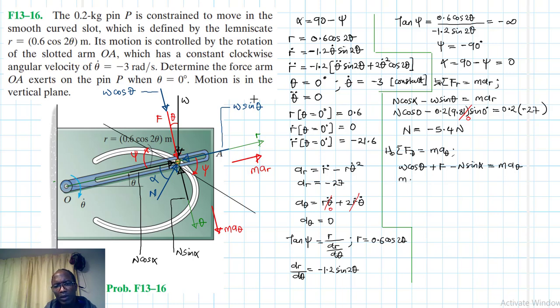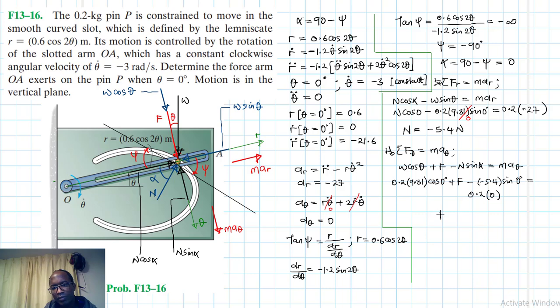So this is just our mg, 0.2 times 9.81 cos theta, and our theta is 0 degrees, so plus F minus N, which we calculated as minus 5.4, sine 0, and this is equal to 0.2 by a theta, which is 0.